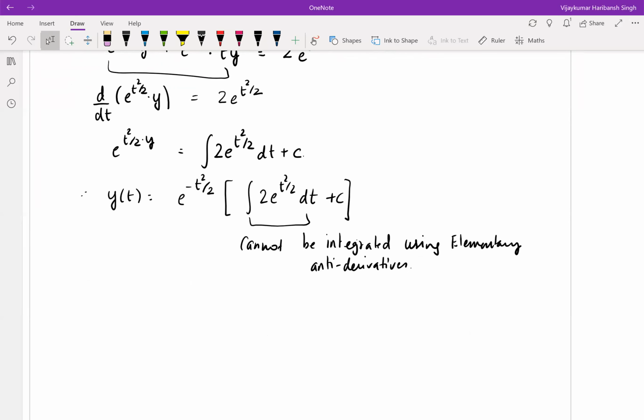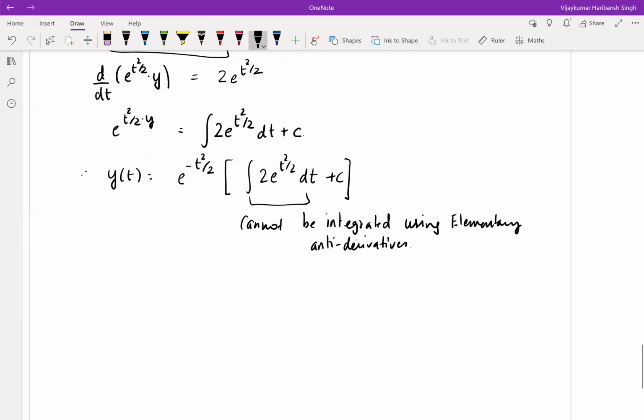So in this case, this is the solution. If you really want some idea of how the solution looks, you can take a power series expansion of e to the power t square by 2 and integrate term by term. And there are some other techniques, all right?